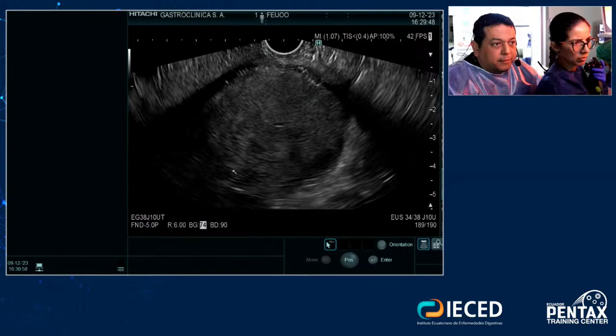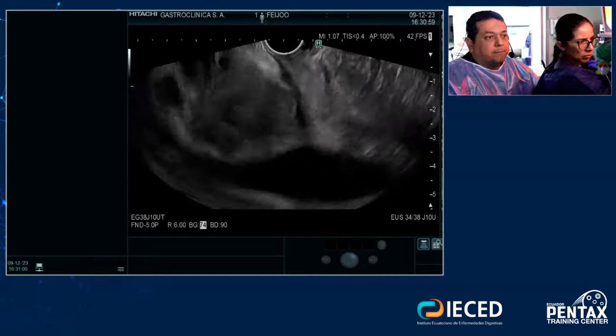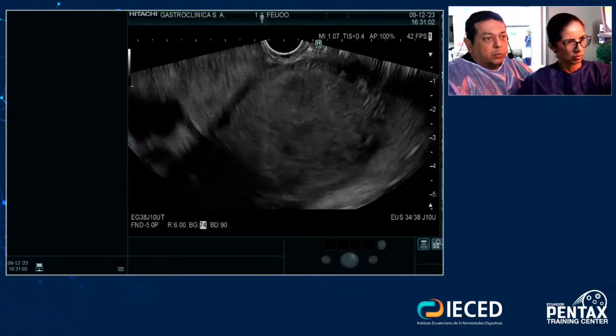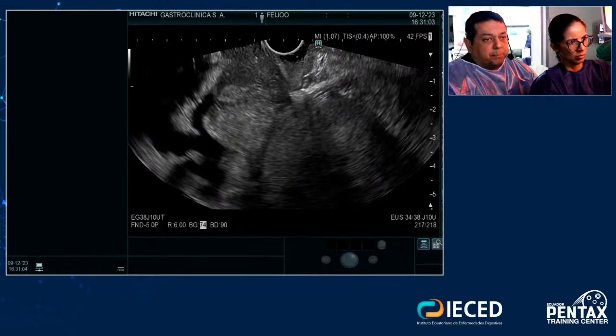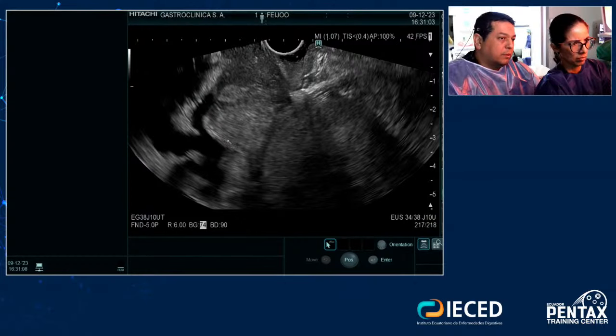Can we see the metastasis? So we can offer just palliative treatment. This is a nodule in the liver. You can see here the liver metastasis.